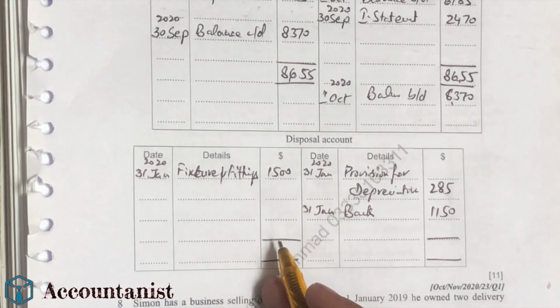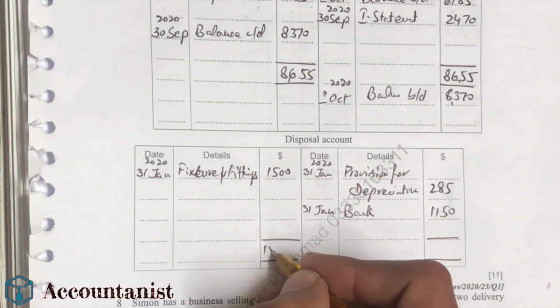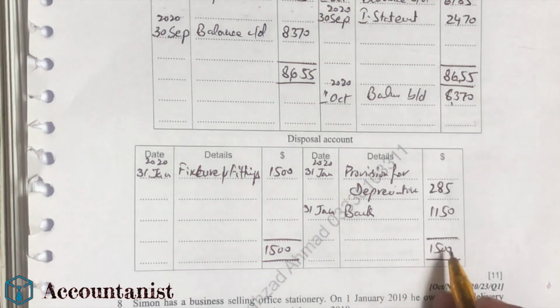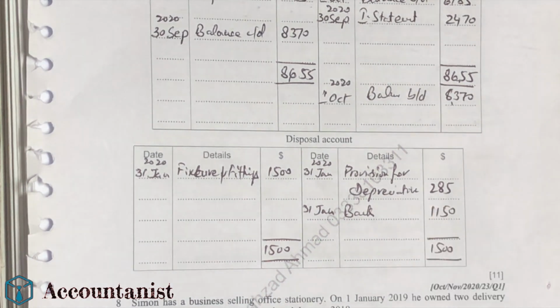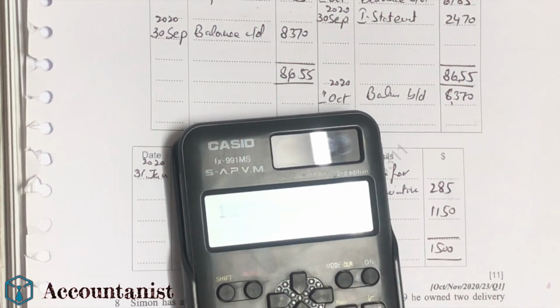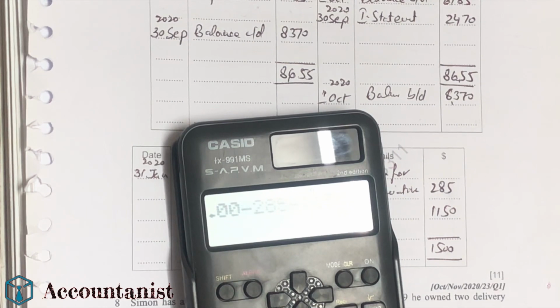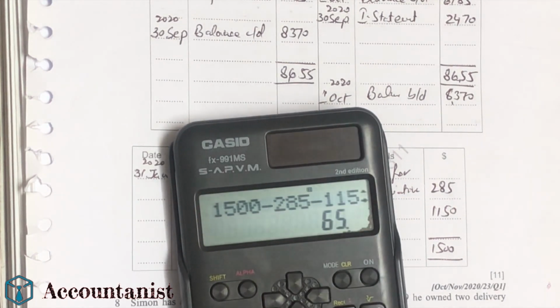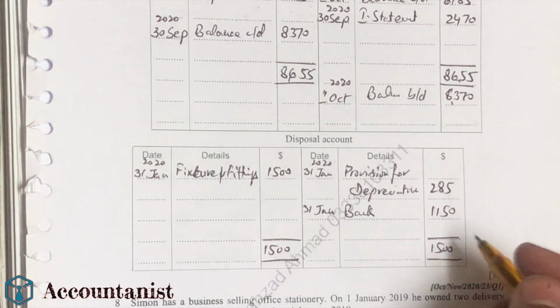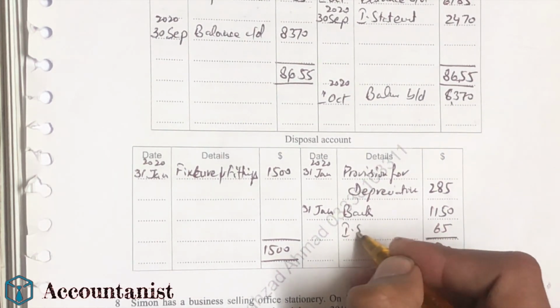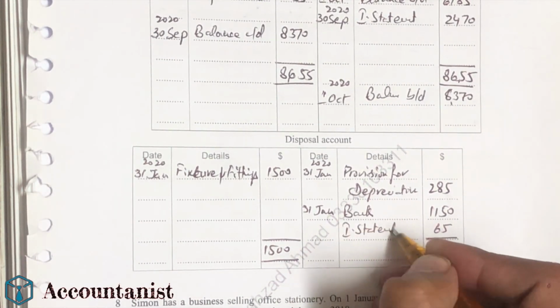This side has a bigger value, so I will deduct this amount from this side to get the value of the income statement. So 1500 less 285 less 1150 gives me the value of 65, and that's the value of the loss, the balancing figure, and that goes to the income statement.